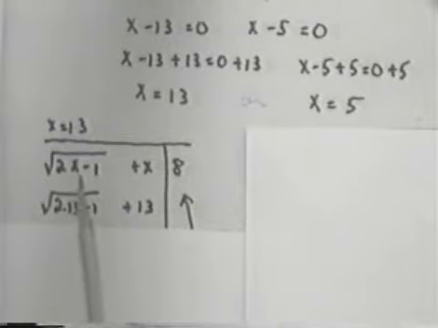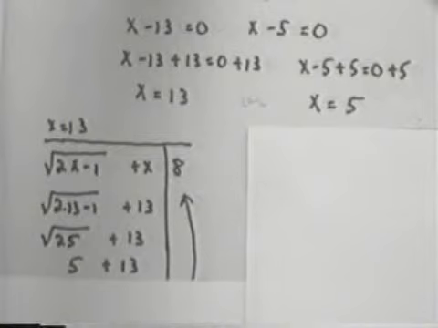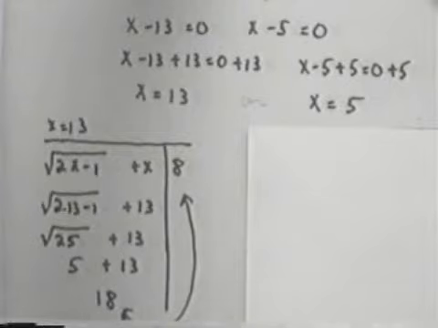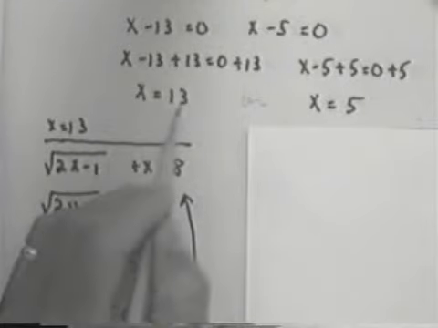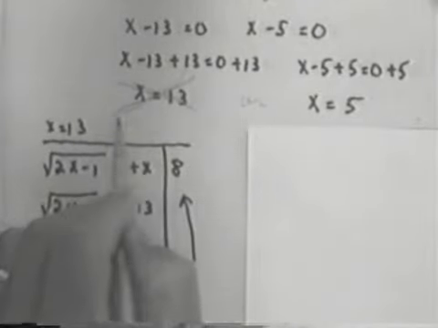Everywhere I have an x, I put in 13. Well, 2 times 13 is 26. 26 minus 1 is 25. So I have the square root of 25 plus 13 is equal to 8. The square root of 25 is 5. So I have 5 plus 13 is equal to 8. I have 18 is equal to 8, which doesn't check. So 13 does not check. So mark it out. It's not a solution.